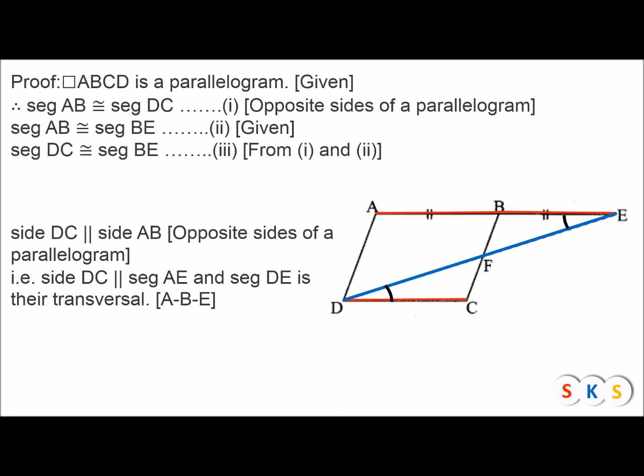Therefore, angle CDE is congruent to angle AED. Do you know why these two angles are congruent? Because they are alternate angles formed by parallel lines, and alternate angles formed by parallel lines are congruent. So angle CDE can be written as CDF, the same angle with a different name, and angle BEF we will write in the place of angle AED, and we will make a note of this as equation number 4.